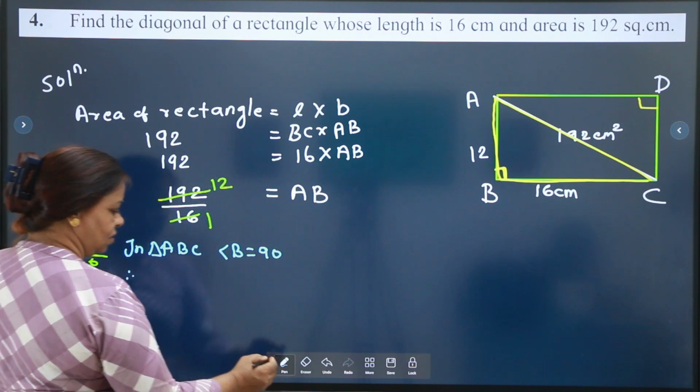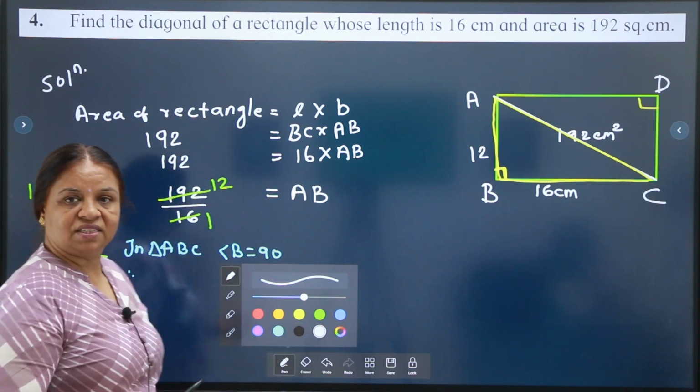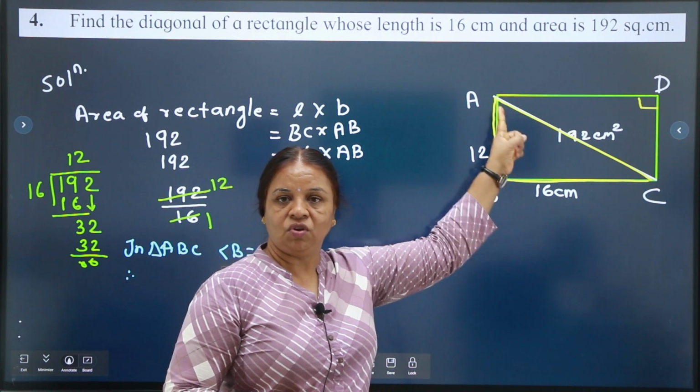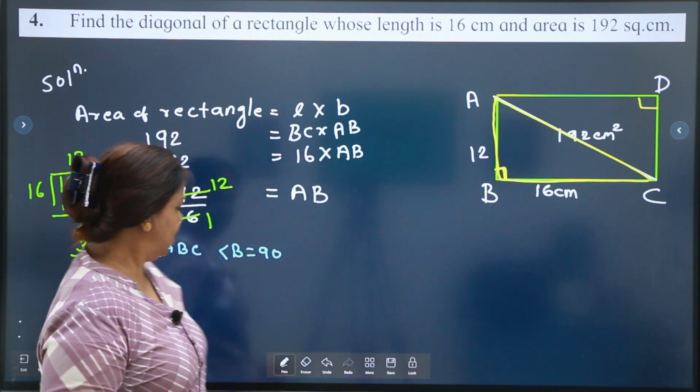Therefore, if the angle is 90 degrees, definitely one side is known, the other side is also known. We want to find out the diagonal, we can use the Pythagoras theorem.